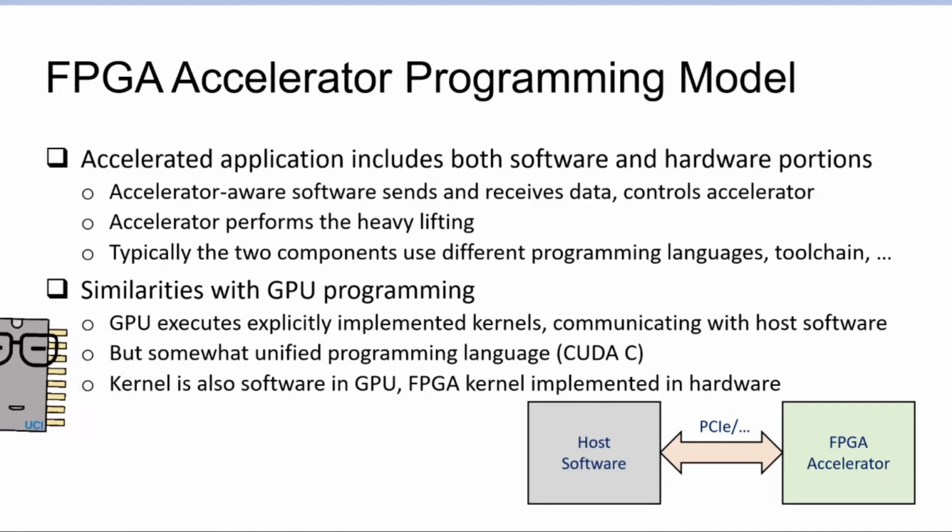If you write CUDA-C and you create a file with an extension .cu, and then you feed it to NVCC, it turns into a single binary file, which includes both the kernel and the host software. When you run the single binary file in a GPU installed machine, that single binary executable is responsible for transferring the kernel to the GPU. It is responsible for transferring the data back and forth, et cetera. It does everything for you.